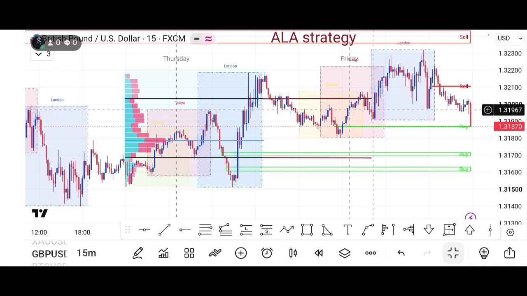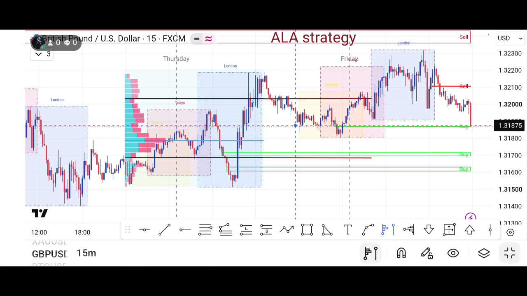Once the London opens, either you are in a win, taking profit, or you are in a loss, you're supposed to get out of the market and wait for the next setup. So at that point, I got out of the market, then waiting for my next setup, I took from that day, Friday.